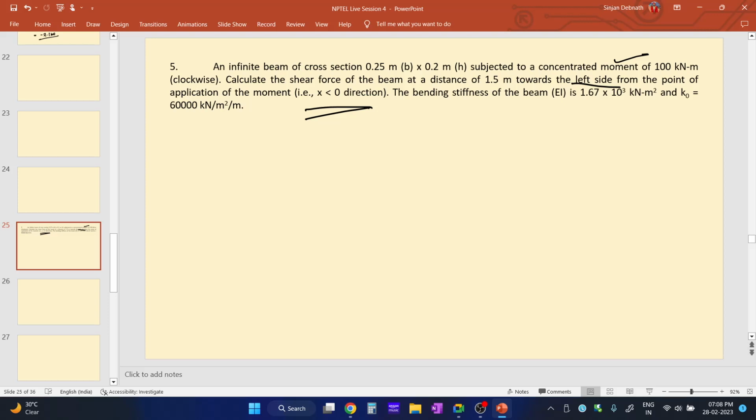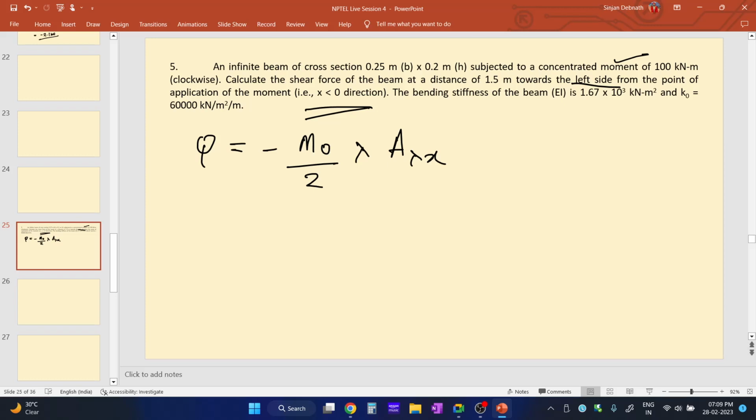The bending stiffness and the subgrade modulus are given. So what is the equation? Q is equal to minus M0, minus is for the direction of the shear force, lambda into A lambda x. This is the equation for the shear force due to moment.